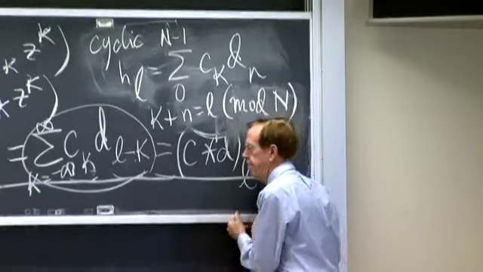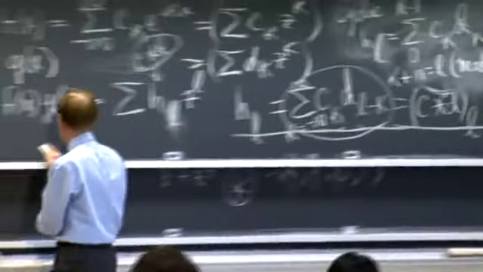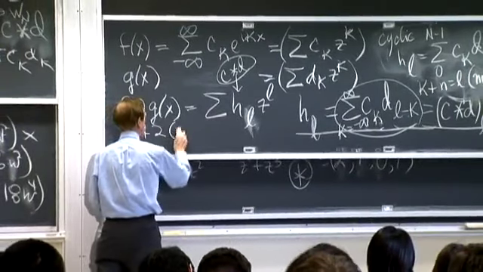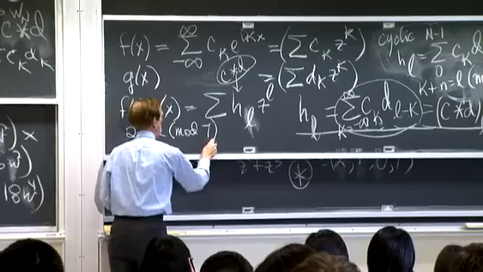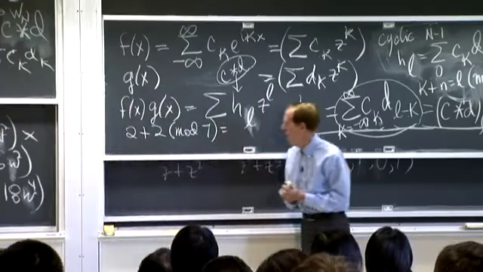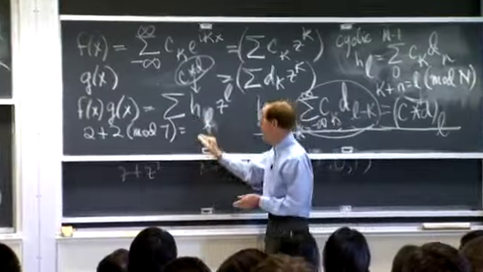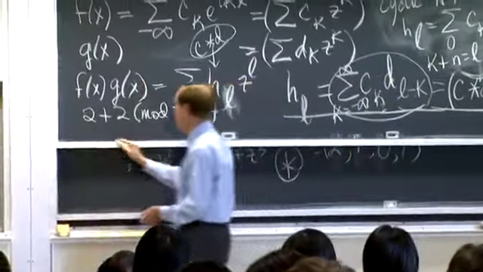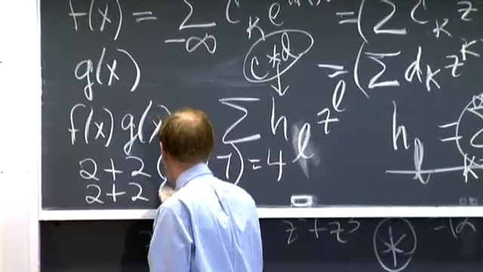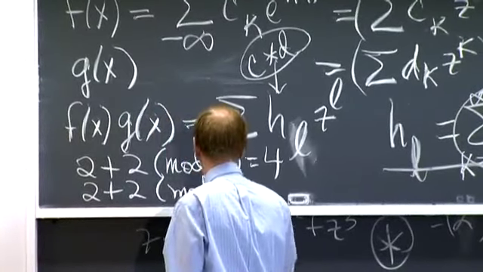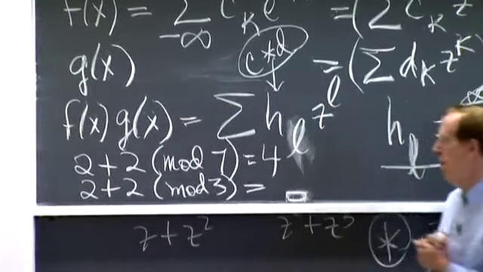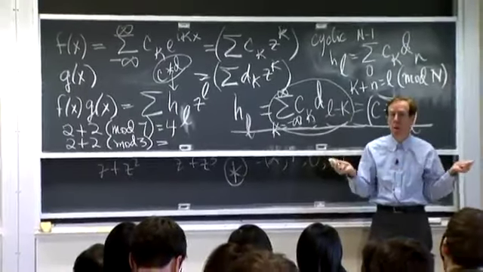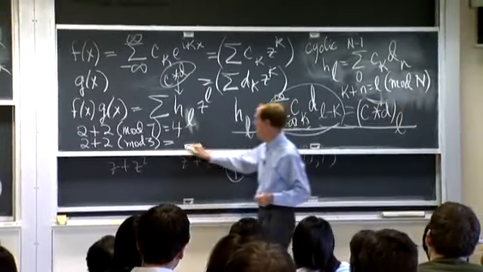Let's practice. What is 2 plus 2 mod 7? 4. 2 plus 2 is 4, even in 18.085. Right. Okay. But 2 plus 2 mod 3 is 1. Everybody sees it?